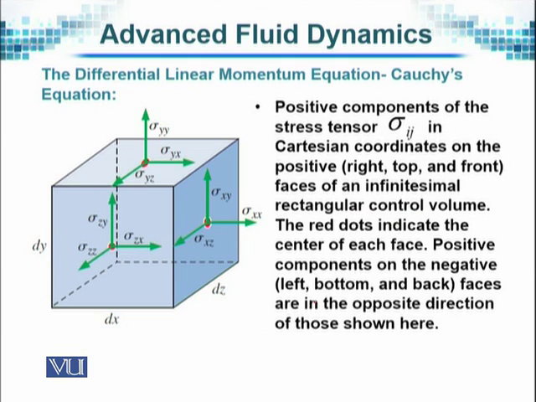If we consider a small control volume, then for the positive components of the stress tensor sigma ij, which reflects 9 components of stress in ij direction, where i runs from 1 to 3 and j also runs from 1 to 3, it will be sigma 1 1, sigma 1 2, sigma 1 3, and similarly sigma 2 1, sigma 2 2, sigma 2 3.